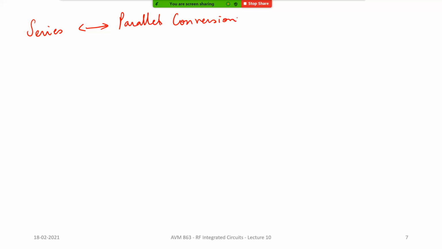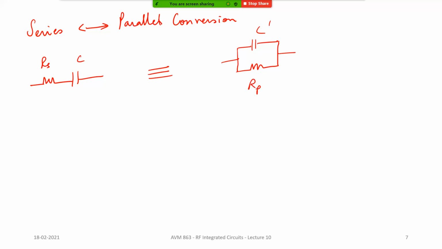That is to say, let's say I have a series resistor RS and a C. I want an equivalent circuit which is going to be like this. I have a parallel C dash and RP. Now how can you convert between these two? This is a series RC network and the other one is a parallel RC network. Now how will you convert between these two?